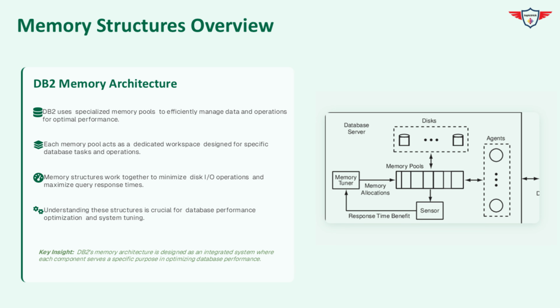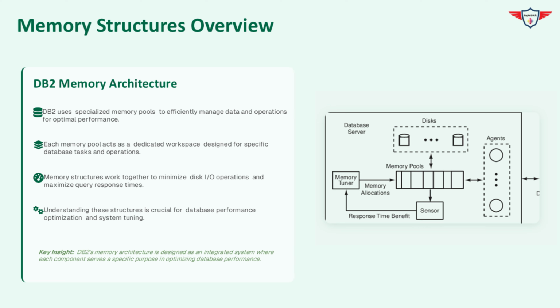DB2 uses these specialized memory pools to minimize one of the biggest performance killers in any database system, disk input-output operations. Remember, accessing data from memory is lightning fast, while reading from disk is painfully slow in comparison. The beauty of DB2's approach is that each memory pool acts as a dedicated workspace.